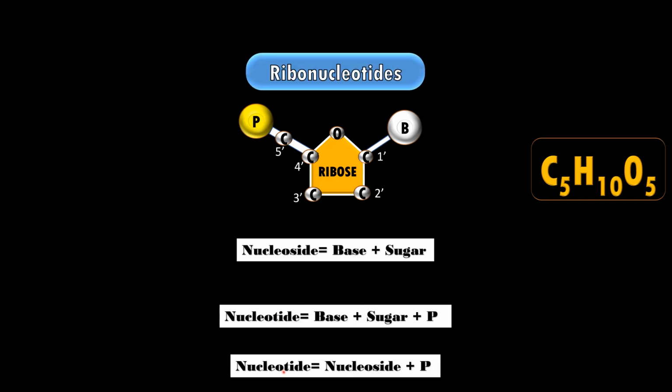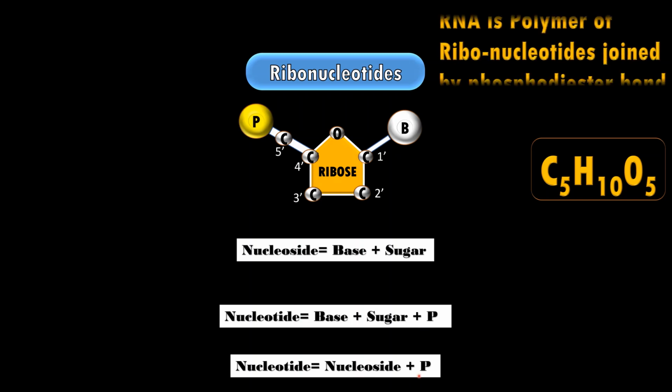So, a nucleotide is made up of base plus sugar plus phosphate, which is equated to nucleoside plus phosphate. So this is the structure of ribonucleotide. So we can define RNA as a polymer of ribonucleotides.